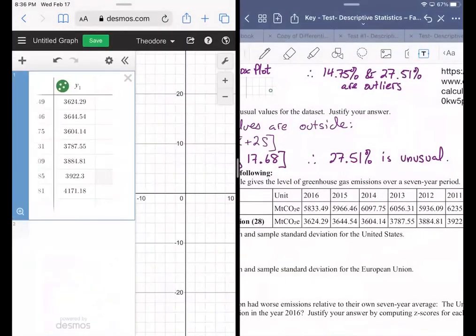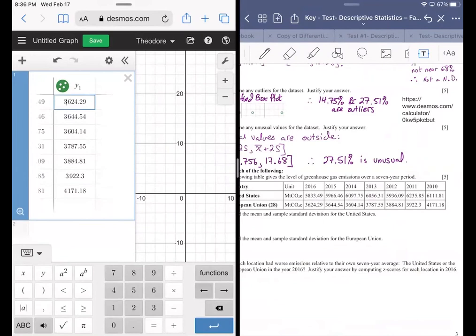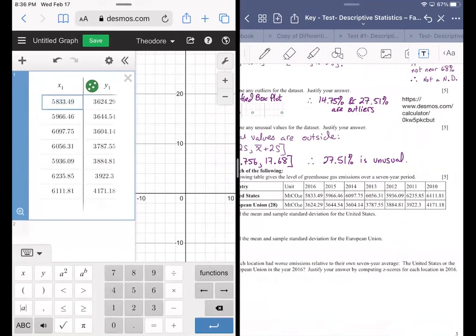That's the name of the game here. Okay, good, good.